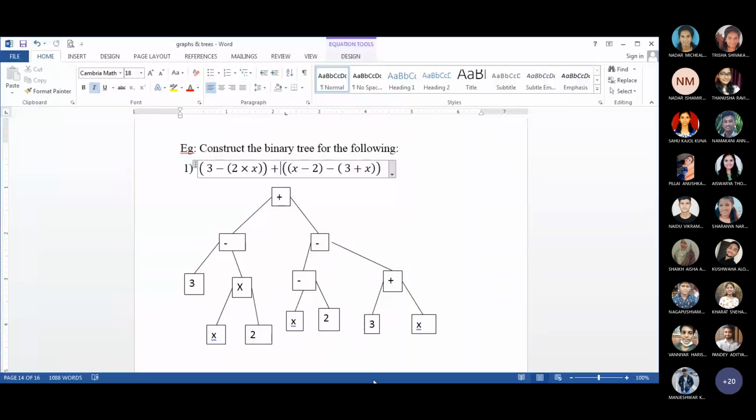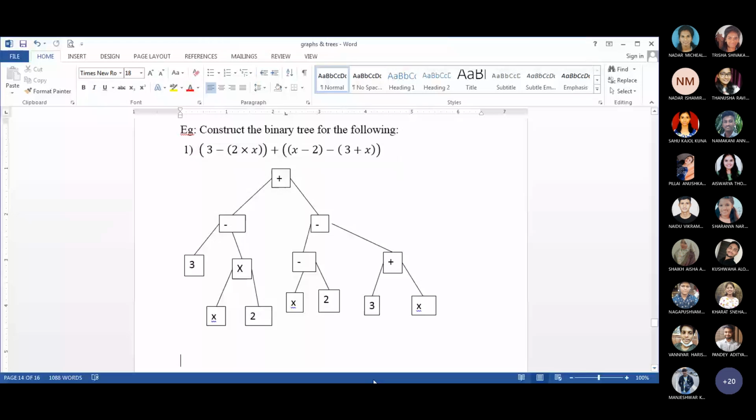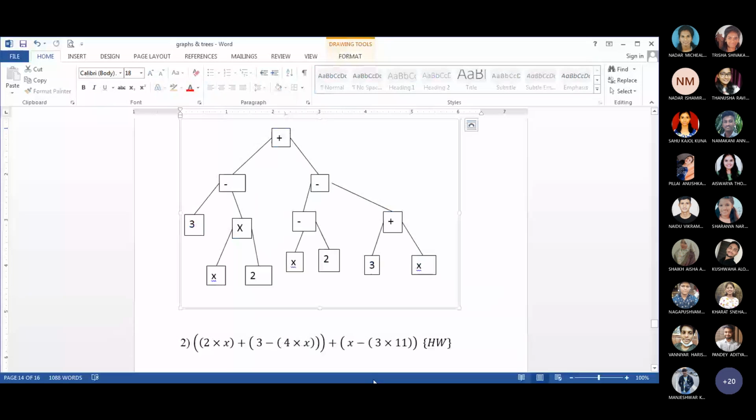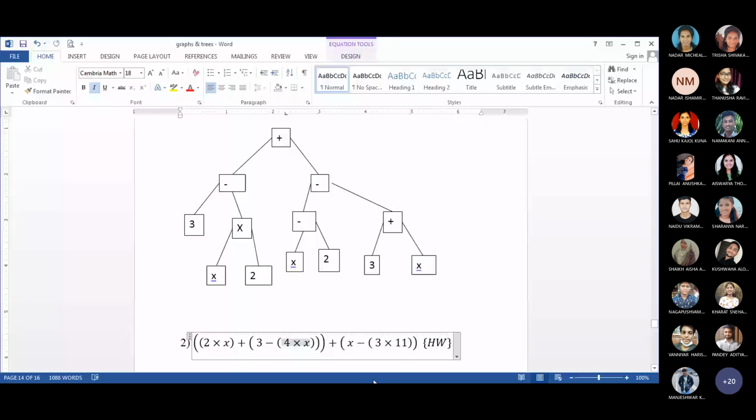Right? This binary tree is clear? Yes, sir. Okay. Even if it is 50-60% clear, it's okay. We will have one more example, I suppose. Now you can draw a binary tree of the second example. I had written it as homework, but you draw it now and show me.